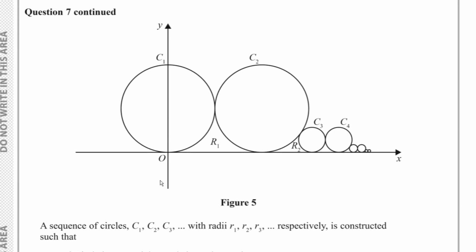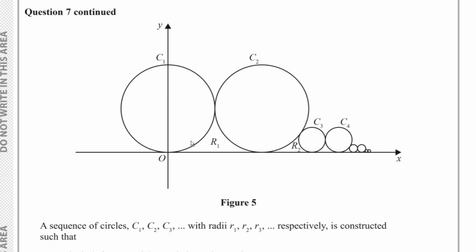So if I go back to the question, you will see we've got the area R1, that's between C1 and C2. The area R2 is in between C2 and C3. The area R3 will be in between C3 and C4. The area R4 will be given between C4 and C5, etc.